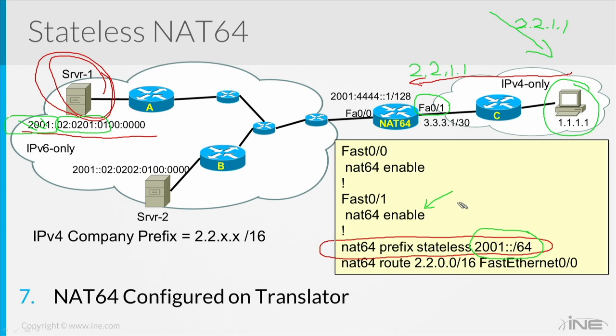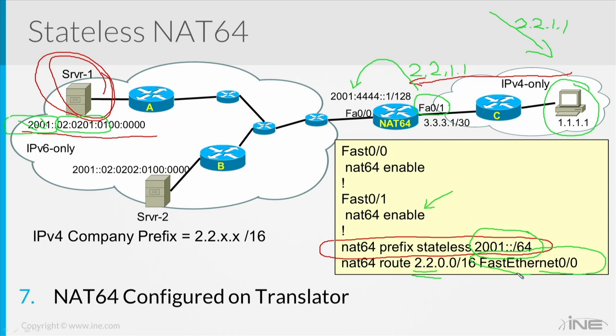So he says, okay, if I receive an inbound packet on FastEthernet 0/1, and the destination is 22 anything, and that's what this NAT64 route is. And he says, here's what I'm going to do. I'm going to route that packet to FastEthernet 0/0, so I'll route it right here.